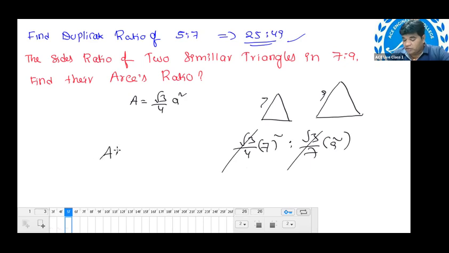A1 is to A2 is equal to root 3 by 4 S1 square is to root 3 by 4 S2 square. The 3 by 4 cancels, leaving S1 square is to S2 square.